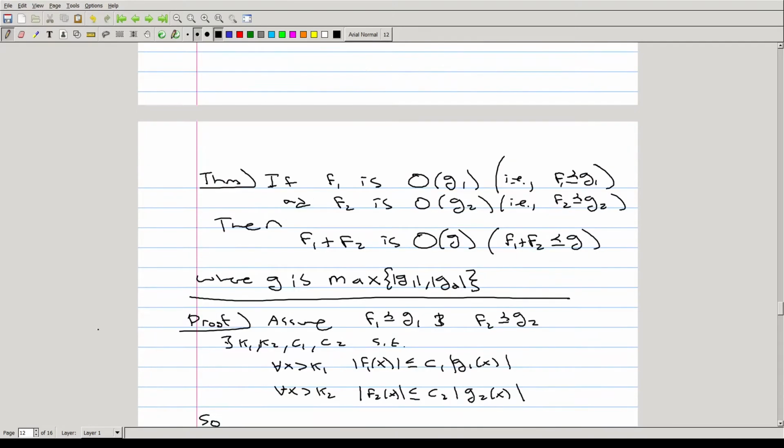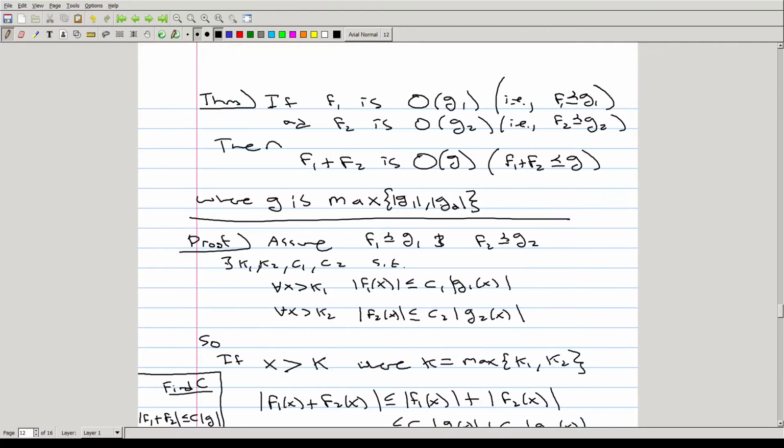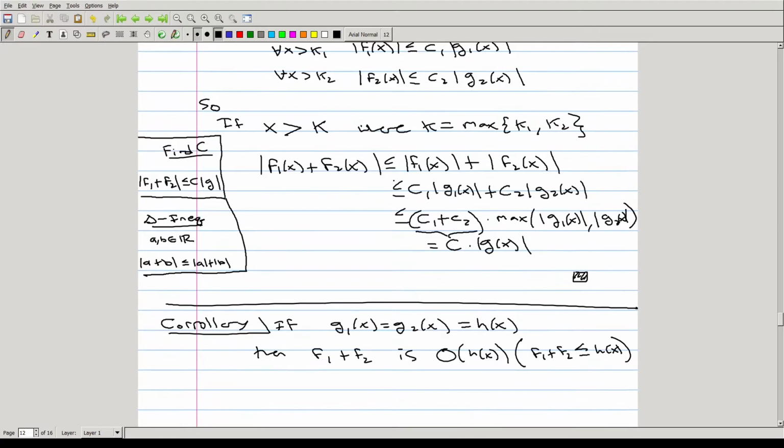So the idea here is that if g1 and g2 are both bounded above by the same function, then their sum is also bounded above by that function.